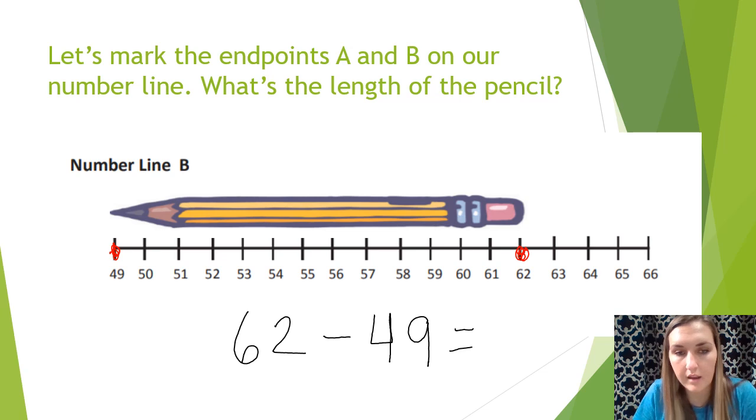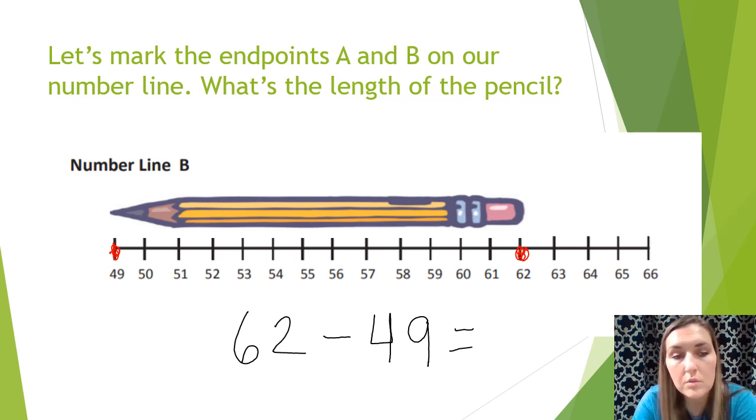Now, this number line is counting by what? It's counting by ones. So this is going to be a little easier if we wanted to count on the number line to figure out the length, or we can just solve this subtraction sentence.